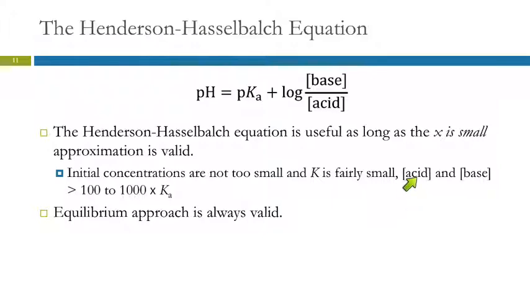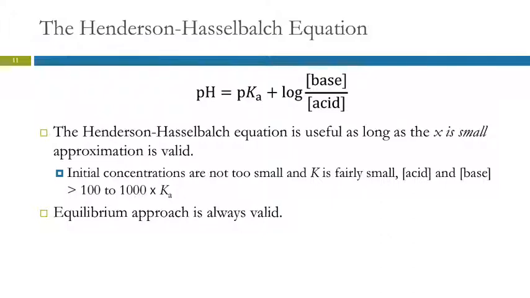So the acid concentration and the base concentration should be greater than 100 to 1,000 times larger than Ka. So if your concentrations are the same as Ka, X is not going to be small and it's not going to work. So what would you use instead? If X is small doesn't work, then you use the equilibrium approach, or you make the ICE table. And then you're going to have to plug it into your solver or use the quadratic equation or something.